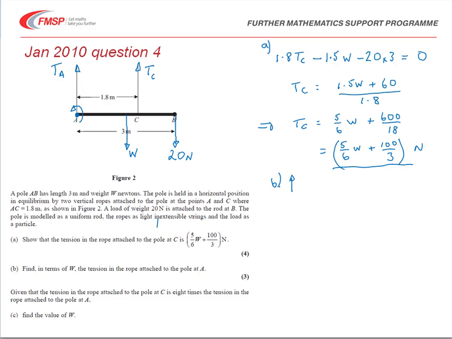We can say that TA plus TC minus W minus 20, those are the forces acting downwards, must equate to 0. So the equilibrium for the forces vertically is given by that equation, and therefore TA is equal to W plus 20 minus the tension at C.